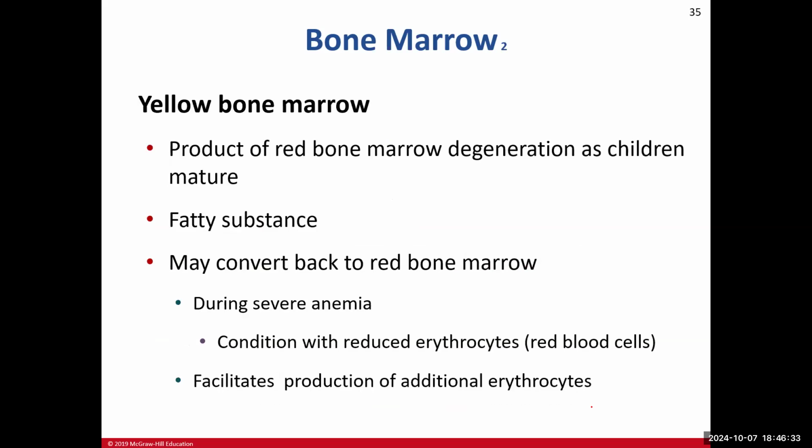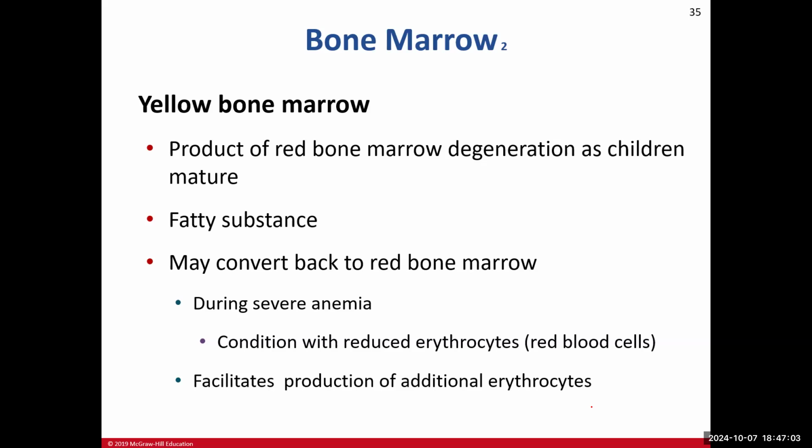The yellow bone marrow is your inactive bone marrow. In our long bones, that red bone marrow has degenerated into this fatty looking substance, primarily made up of adipose tissue. The good news is, if you need to make blood cells, this yellow bone marrow can convert into red bone marrow.